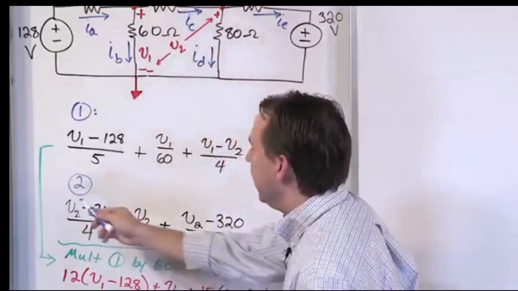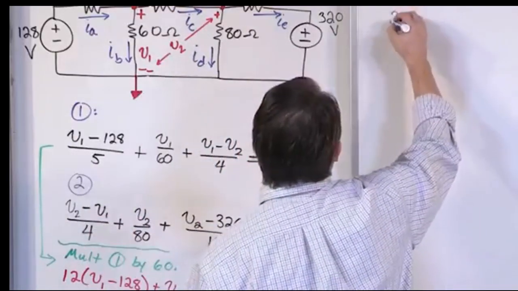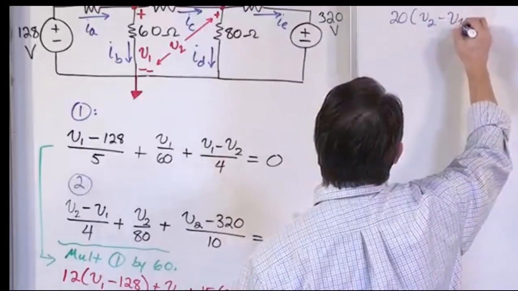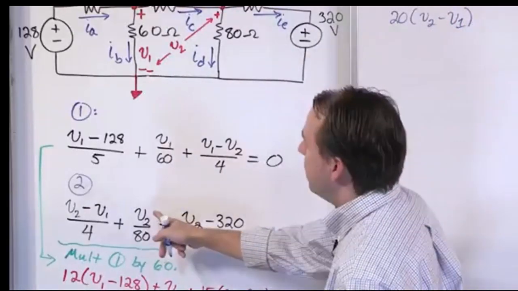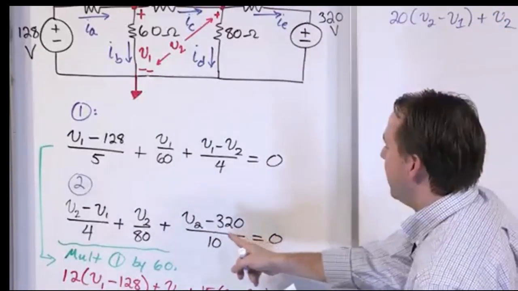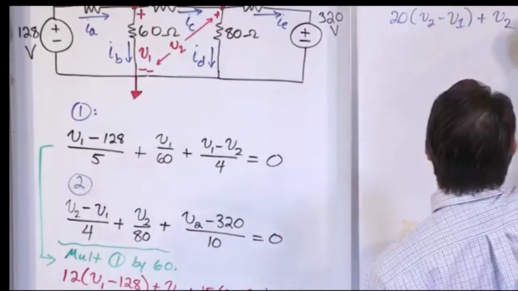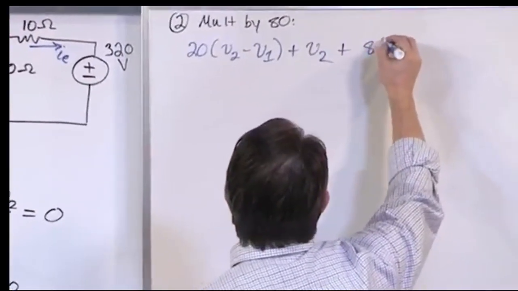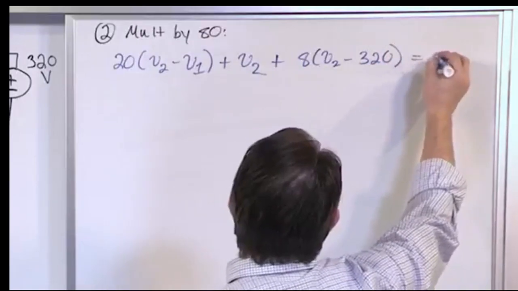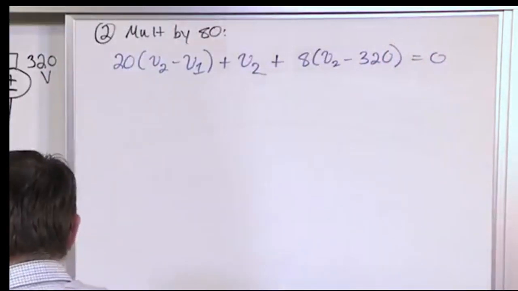All right, so we said 80 divided by 4 is 20, so we'll get 20 V2 minus V1. Multiply by 80 here, we'll just have V2. Multiply by 80 here, we'll just have 8 V2 minus 320, all in parentheses. And on the right-hand side, obviously, it's equal to 0.